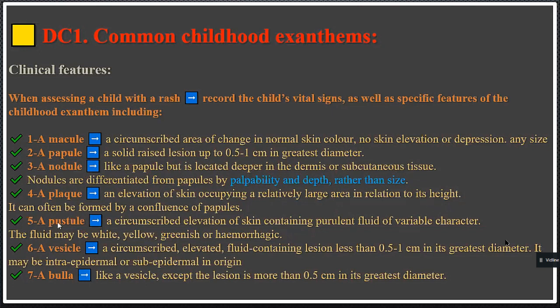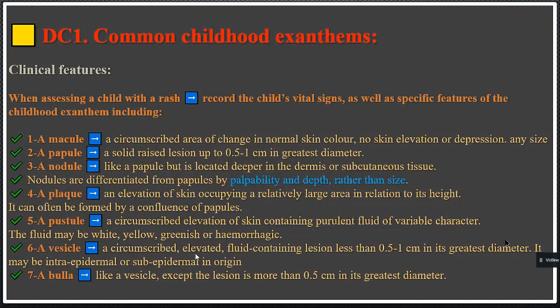Pustule, from the name pus. So elevation of skin, but here containing fluid of variable characters. Maybe white fluid, maybe yellow, maybe green, maybe hemorrhagic. So don't expect only yellow or green. Pustule here, whatever the fluid, whatever the color, whatever the character, any fluid means pustule.